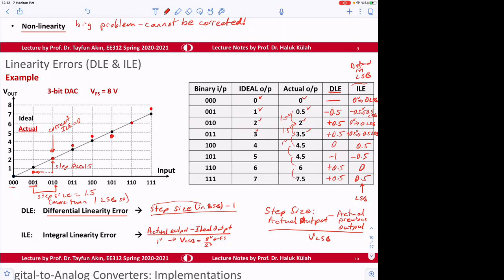That's how we define the errors here, and the errors are here. Two different errors.